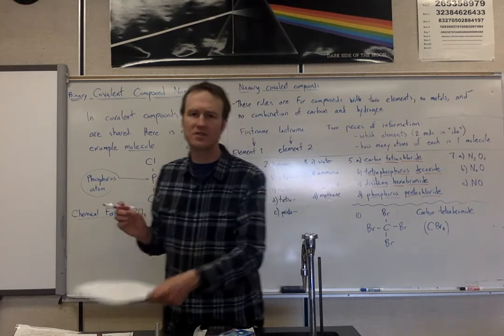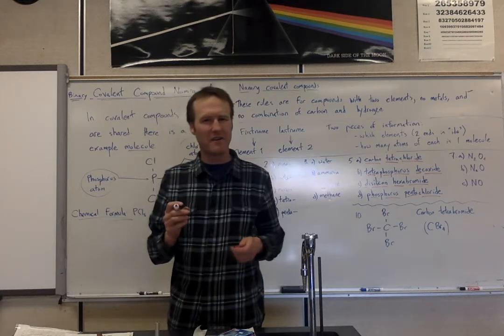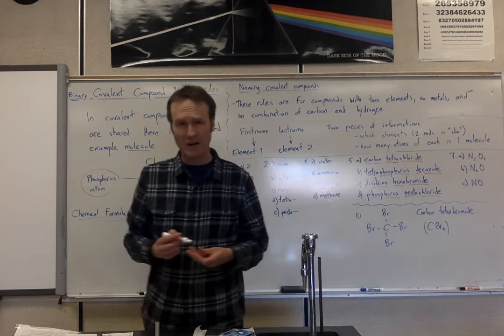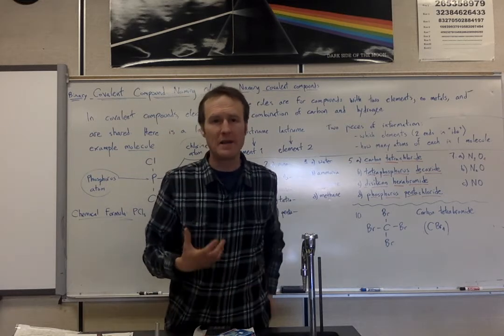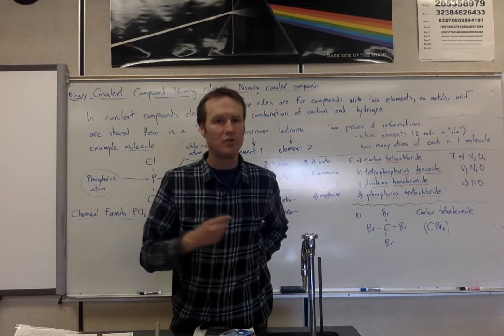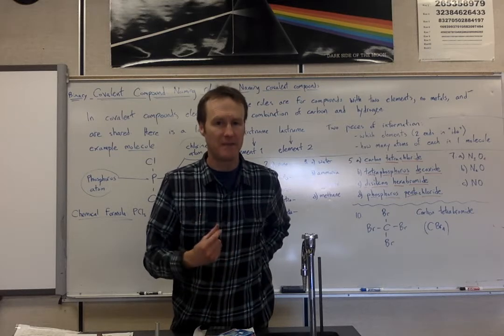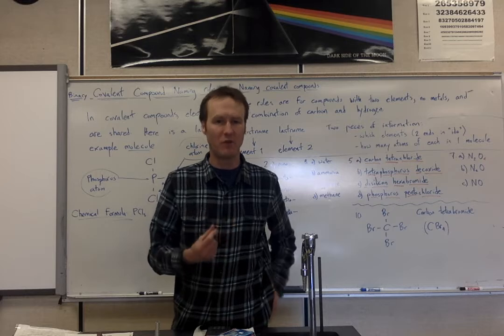The last, for question 10, is a little bit harder. I'm actually giving you some structures of some molecules, saying this is the way that the atoms are bonded together. You tell me the name, and you tell me the formula.